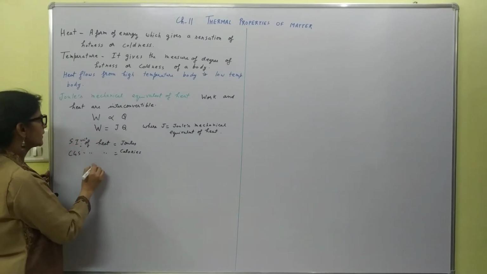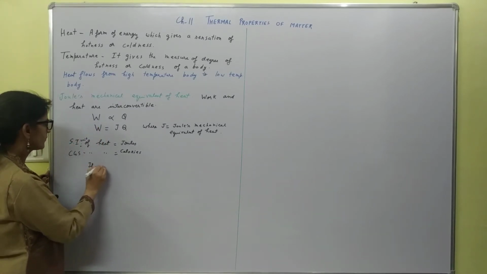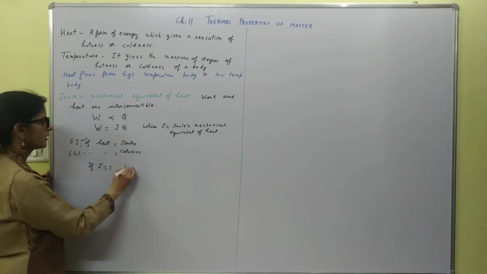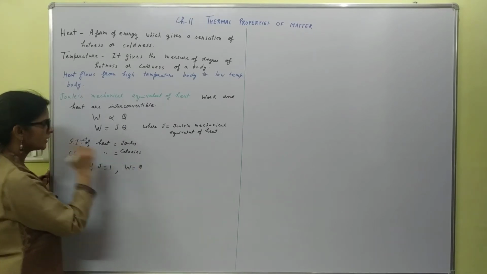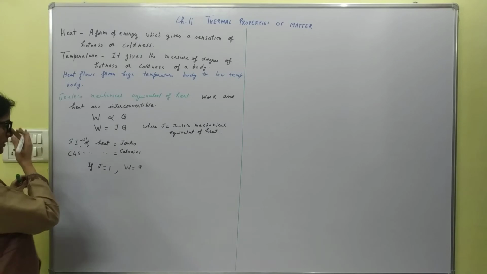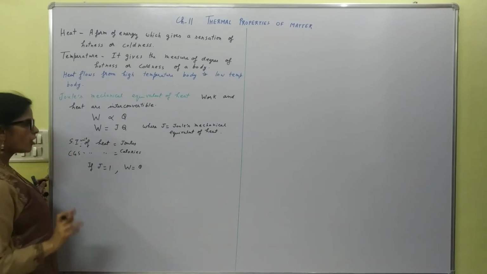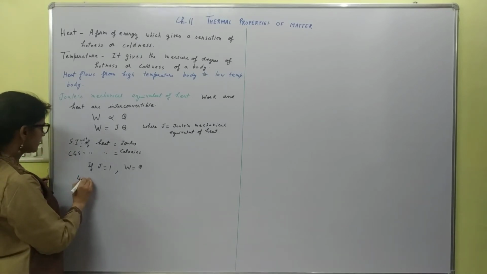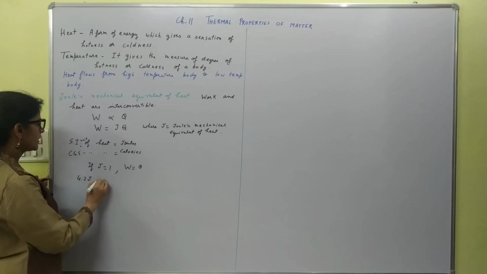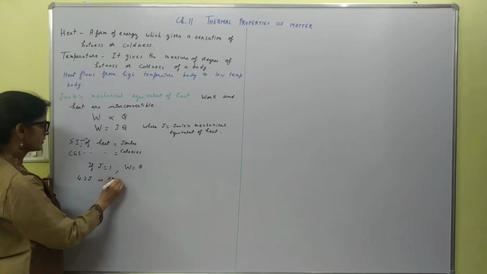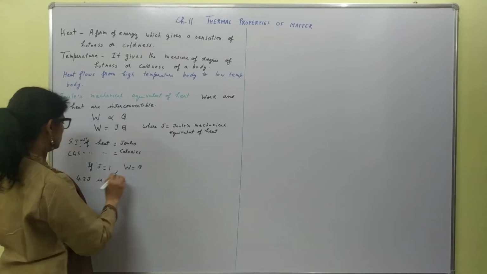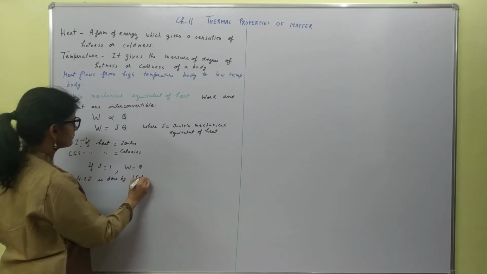We know that if J is equal to 1, then W is equal to heat produced, right? So from here it is observed that 4.2 joules work is done by 1 calorie of heat.